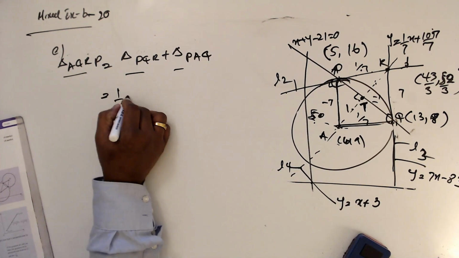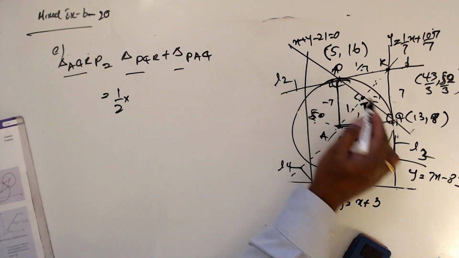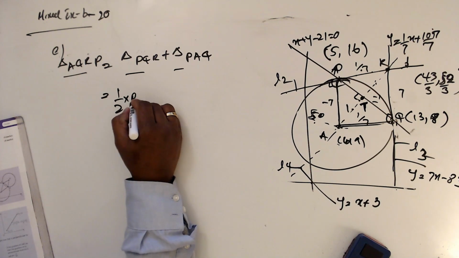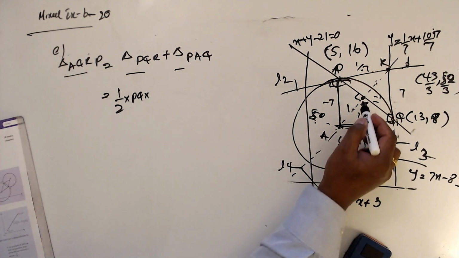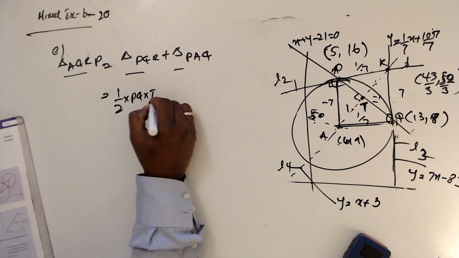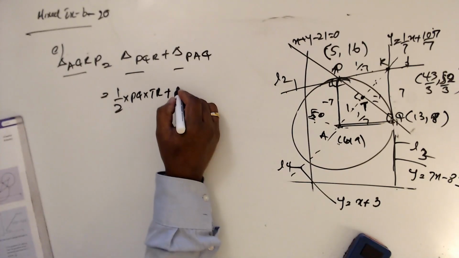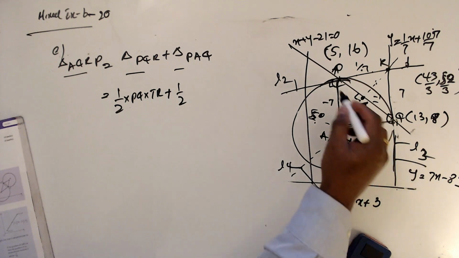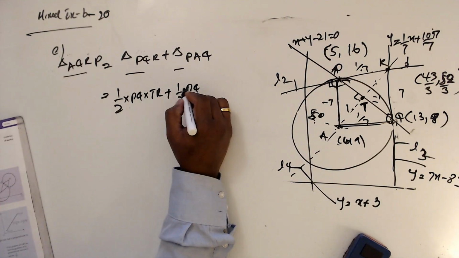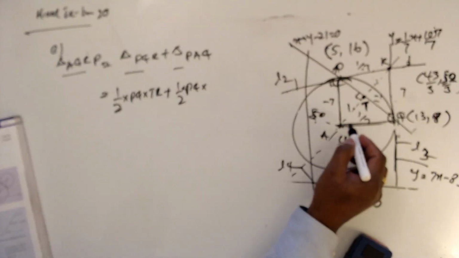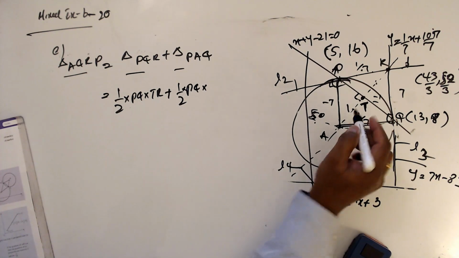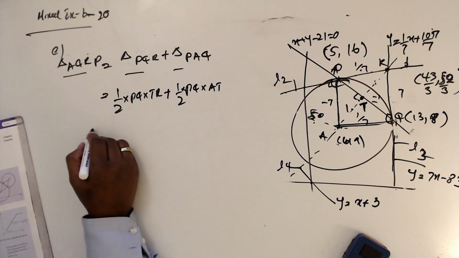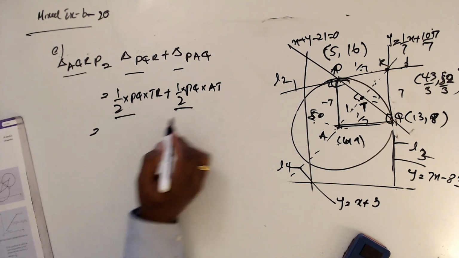So half PQ: this is the base PQ for this triangle and this one TR. For the other triangle, half PQ times this perpendicular length AT. So I can see half of PQ is common.